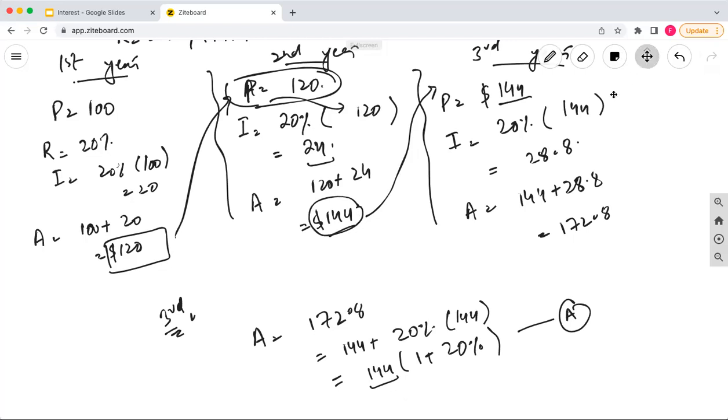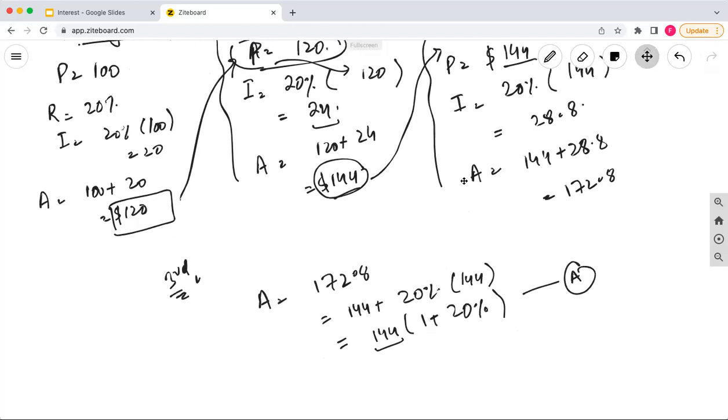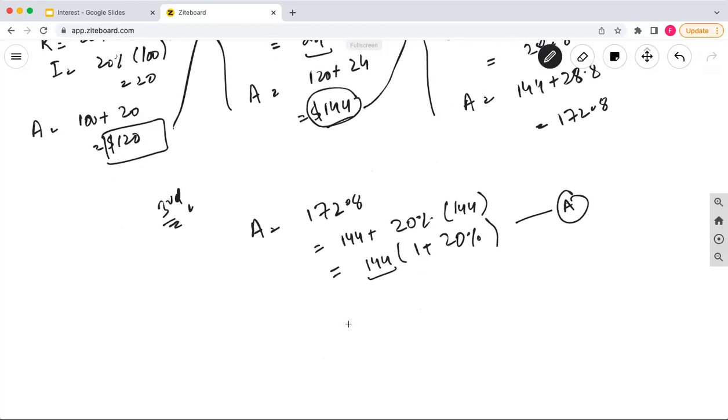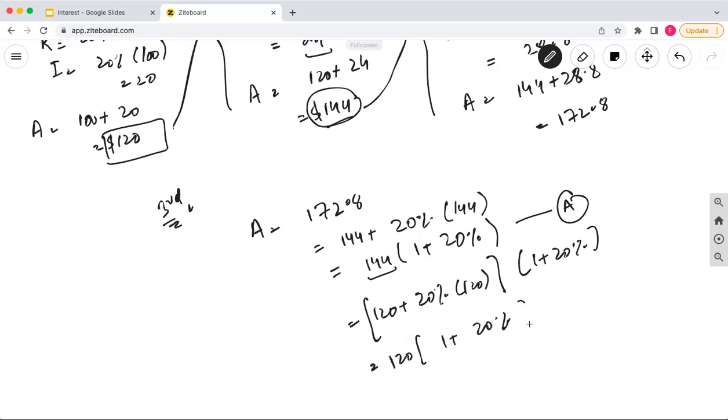And if I open the 144, that is 120 plus 20% of 120. If I take 120 common, this will be 120 into 1 plus 20%, into 1 plus 20%.